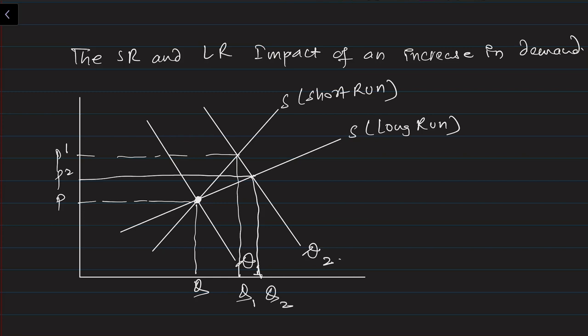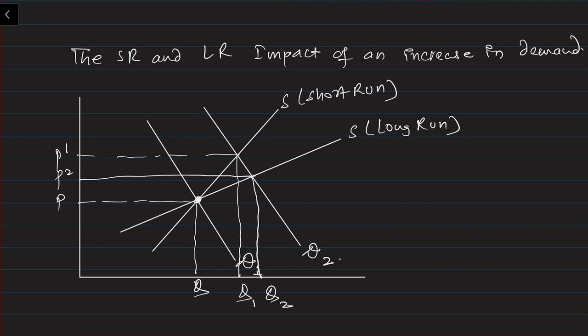Okay, so in the short run, price has increased a lot more than the quantity, and in the long run, price compared to the short run price has not increased that much. Okay, but the quantity has increased.